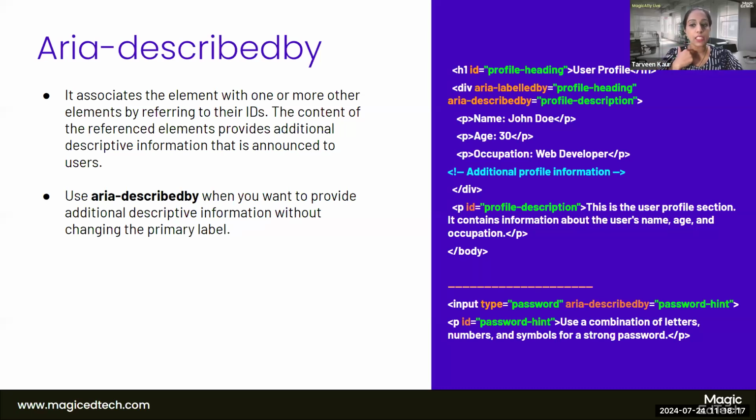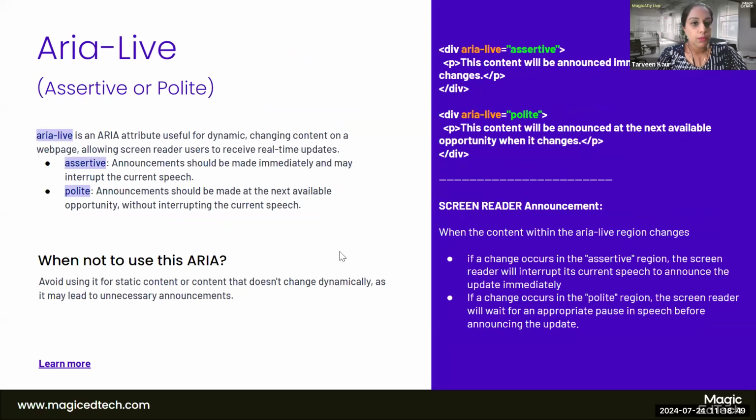Now my profile description is, this is a user profile section. It contains information about user name, age, and occupation. Now I'm detailing out further so that it's easy for the user to perceive and have the right set of information, that this is required and this is mandatory information, and I need to add user name, age, and occupation just after the heading, which is user profile. Moving on to the next slide.